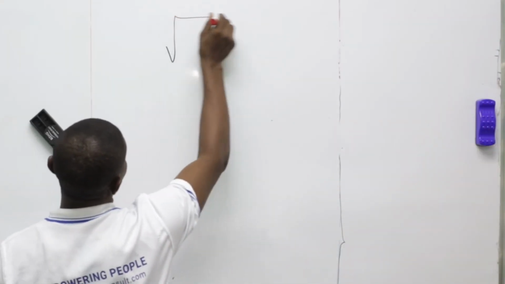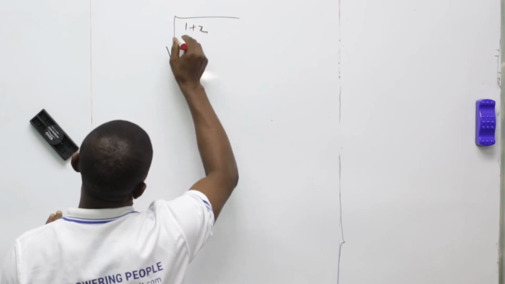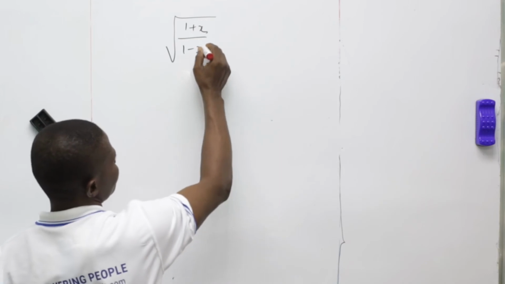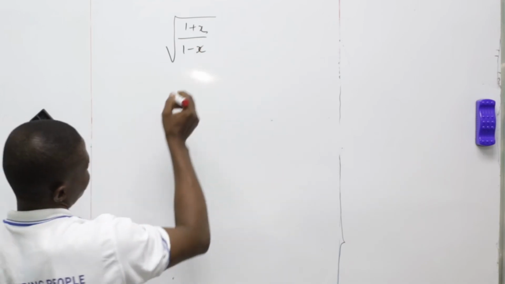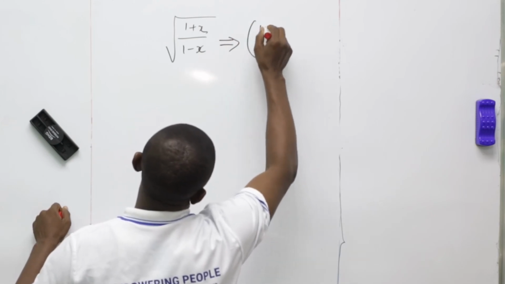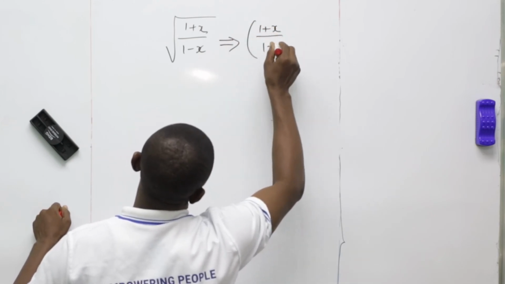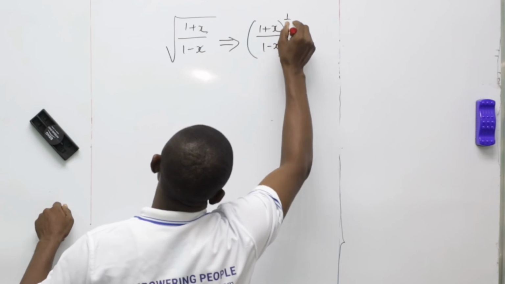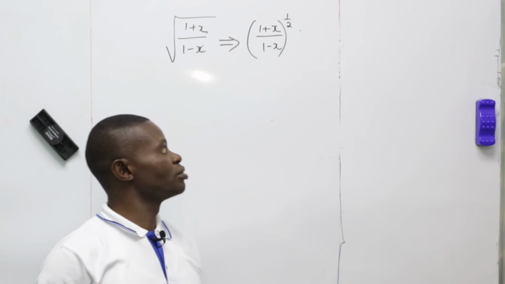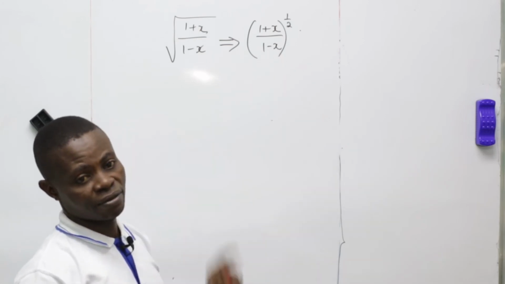If y is given as this, find dy/ds. This can be interpreted this way: (1 + s)/(1 − s) all raised to the power half. According to the law of indices, square root means power half.